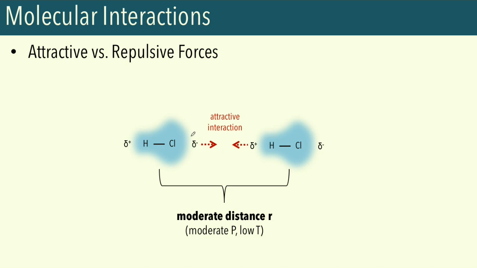The partial negative charge of this molecule is close enough to the partial positive charge of this molecule so that they could have their dipole-dipole interaction. When these two molecules approach one another, they're going to be drawn even closer to one another. Let's keep that in mind.